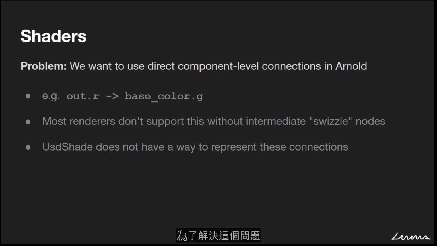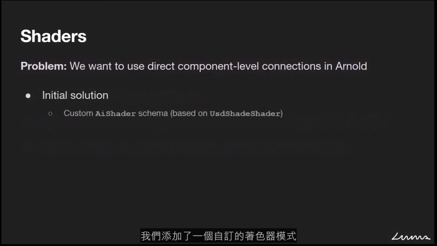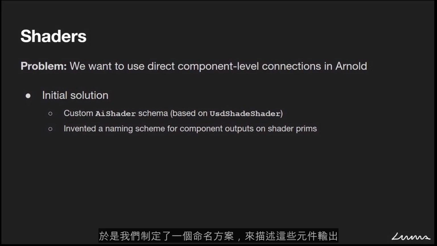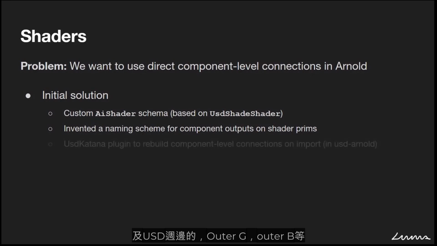So in order to address this, we added a custom shader schema to make it easier for us to identify these shaders when we're looking through a stage. And we had to invent a naming scheme for describing these component outputs, the out.g, out.b, in USD parlance.